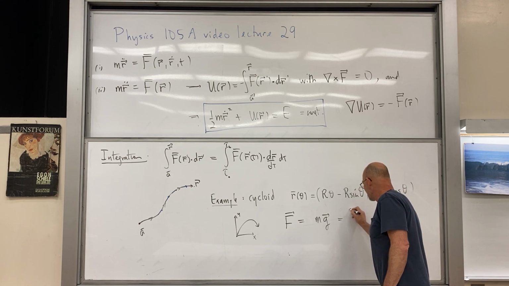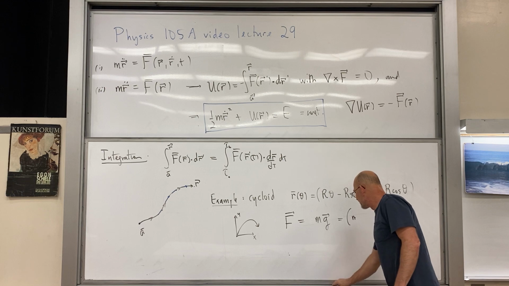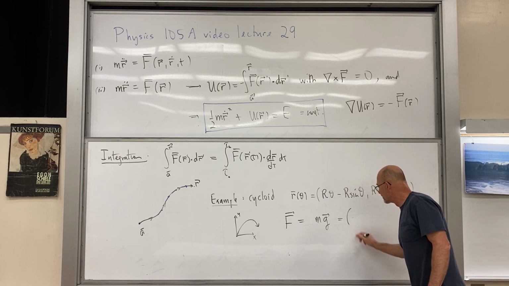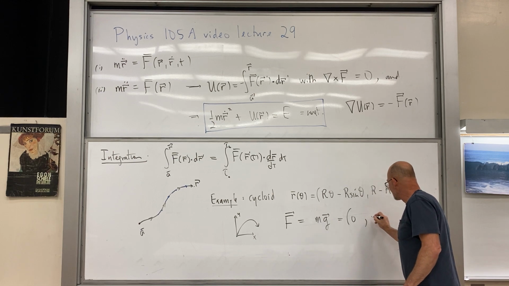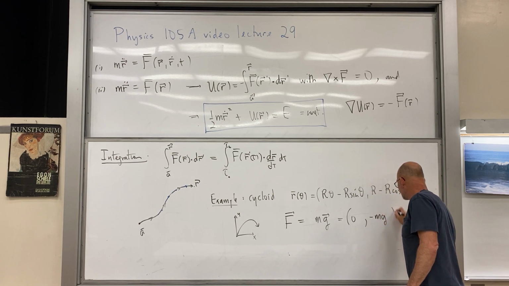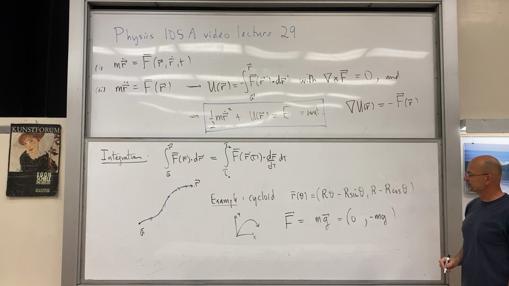So what would that be here? That would be 0. We're going to have G in the vertical direction. So that would be 0 and then minus mg. So that's that vector.